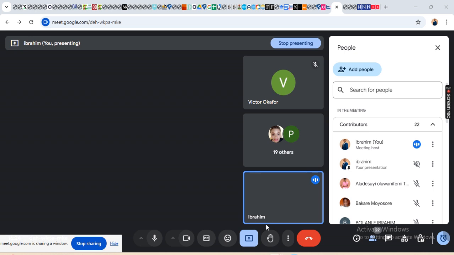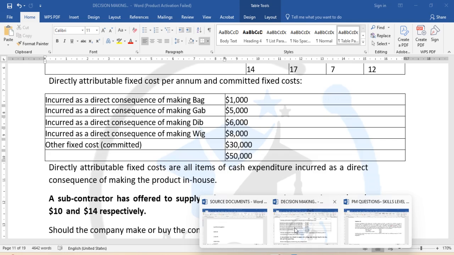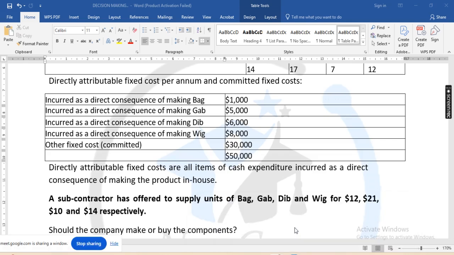So it is a direct, specific cost, Mr. Victor, and that is why we have to consider it. Do you get the explanation? Yes, I think I understand now.